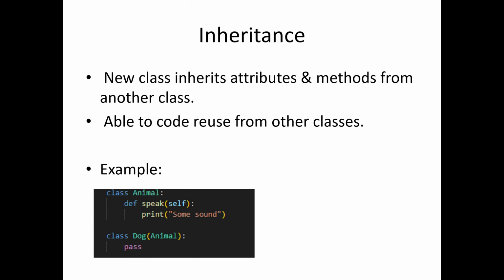It's going to have all the functionalities of Animal, but you can add more or change things around to fit what the Dog subclass is going to be. This reduces redundant code, such as if you are going to use Dog again and again.